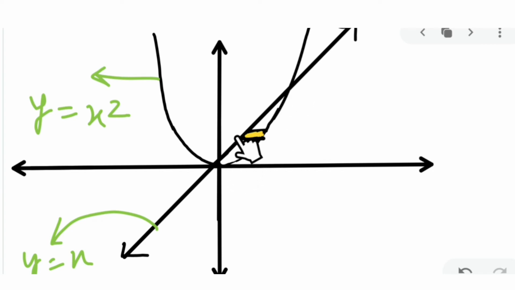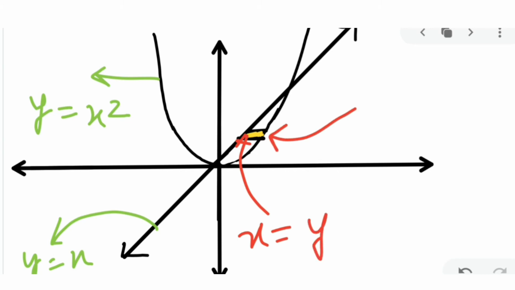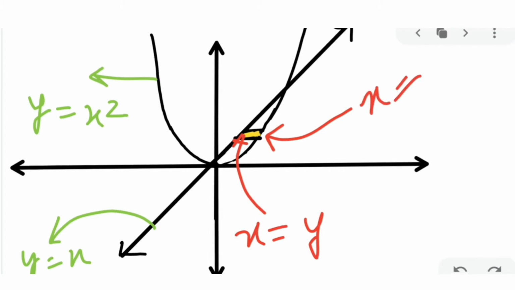So here we will be taking the limits of x, the variable x. Let me write down the limits here. At this point the lower limit will be x equals y, and the upper limit will be x equals root y.